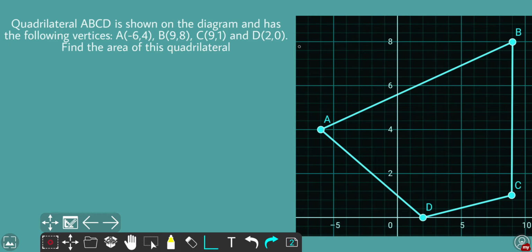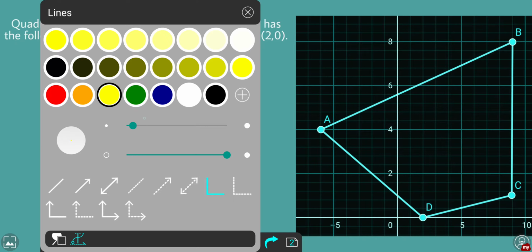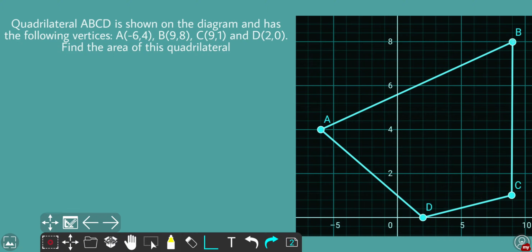So what I advise you to do first of all is to put a rectangle around your shape, no matter how complicated it is. It might be really compound, but using the boundary points, the vertices, you can actually set up the rectangle in the way I will show you.